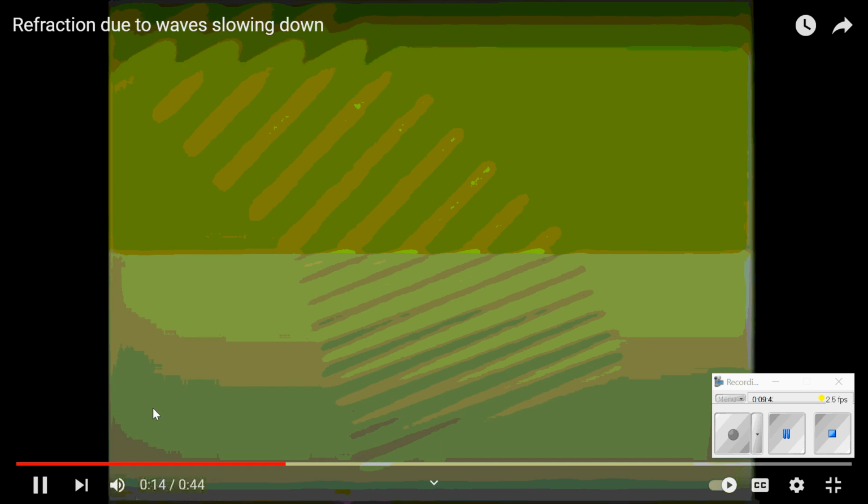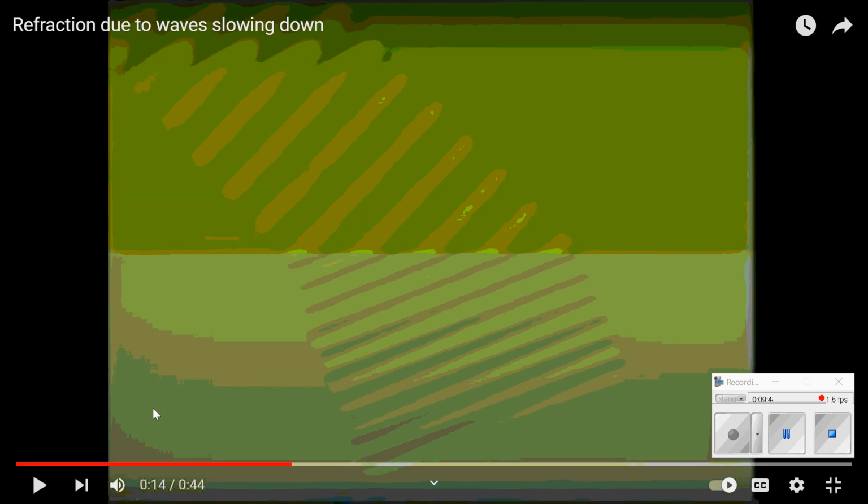Okay, I'm going to go back to this diagram. Now, you'll notice at the top, the incoming waves must be going faster because they are wider, they're further apart.